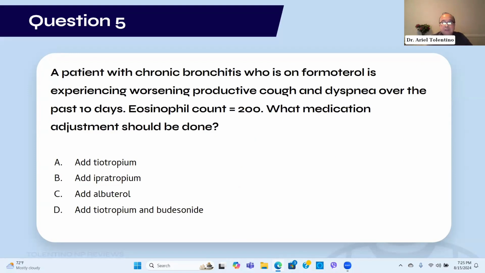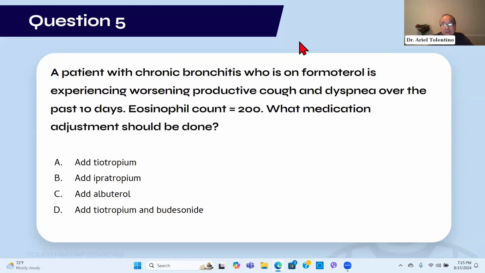Okay, so just to give a clue here, of course we are using formoterol as a LABA, initially starting with monotherapy with formoterol, which is of course your LABA. So which will be our important next medication for adjustment to use?